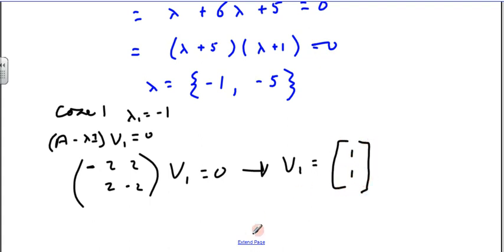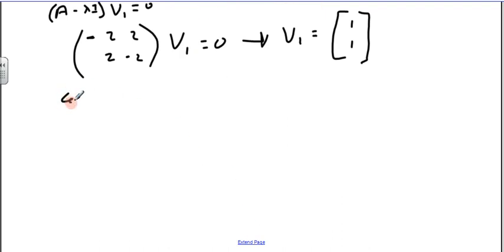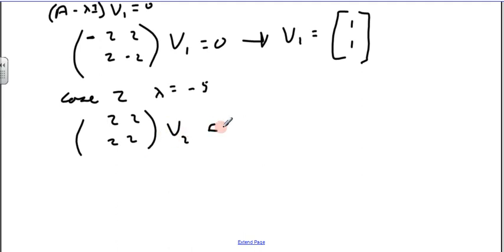Case 2. Lambda is equal to minus 5. So I have 2, 2, 2, 2 times V2 is 0, implying that V2 is going to equal 1, minus 1.